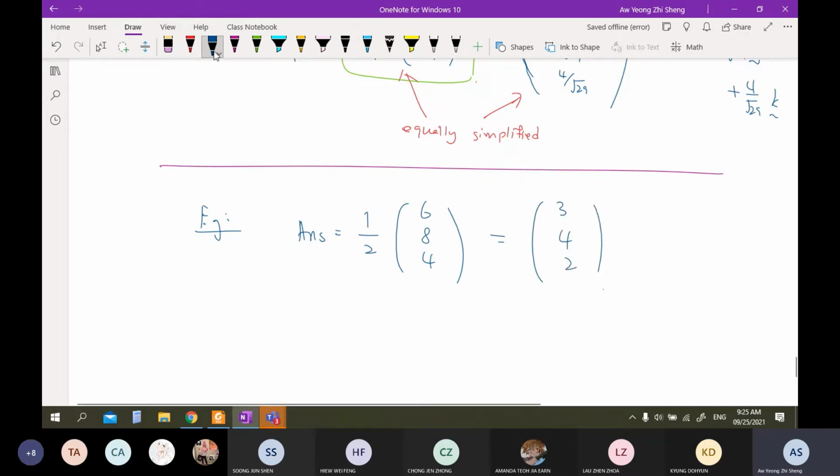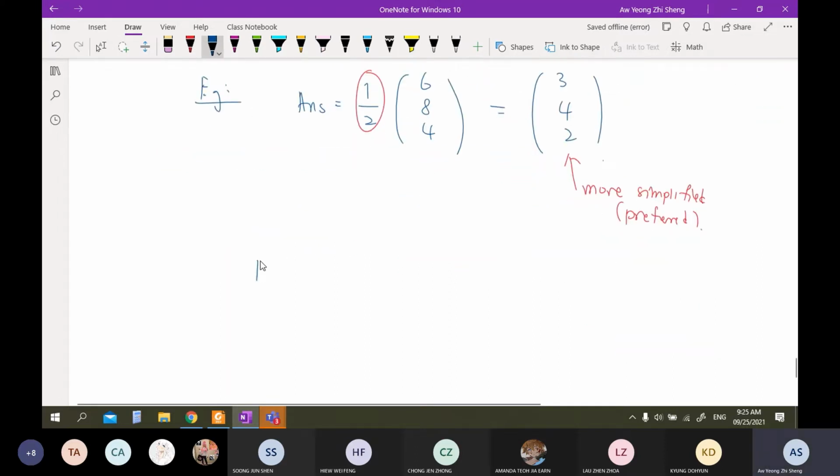This is considered more simplified, so they would expect you to multiply your half inside, and hence it is preferred. If you leave your half at the outside, you might lose the final answer mark if it is numbers like this, where all of them can get simplified.